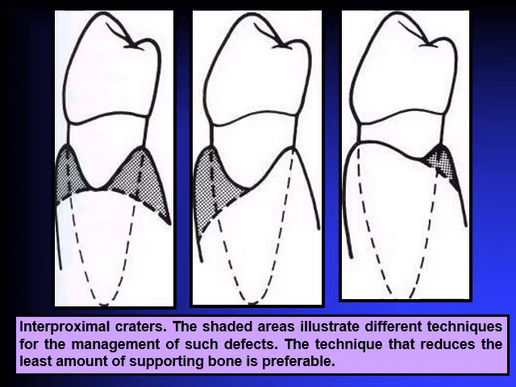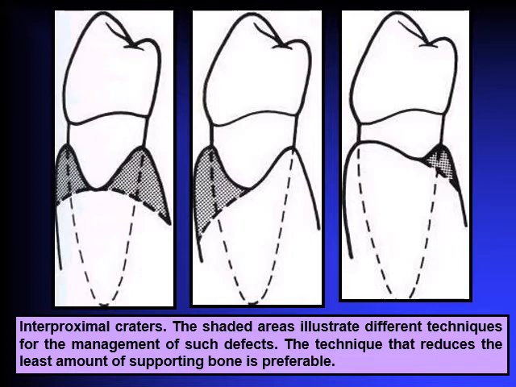In the first one on the left, the middle one, and the third one, the technique that reduces the least amount of supporting bone is preferable. Why? To not make the tooth a compromised tooth. So this is the management of deep craters.